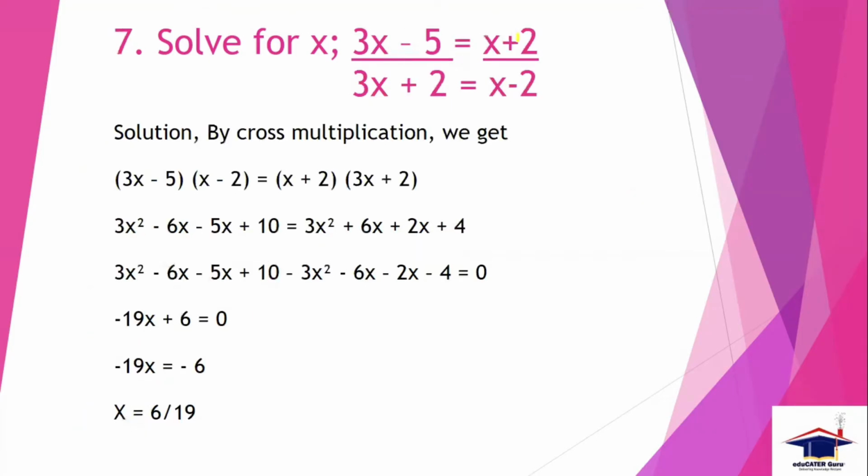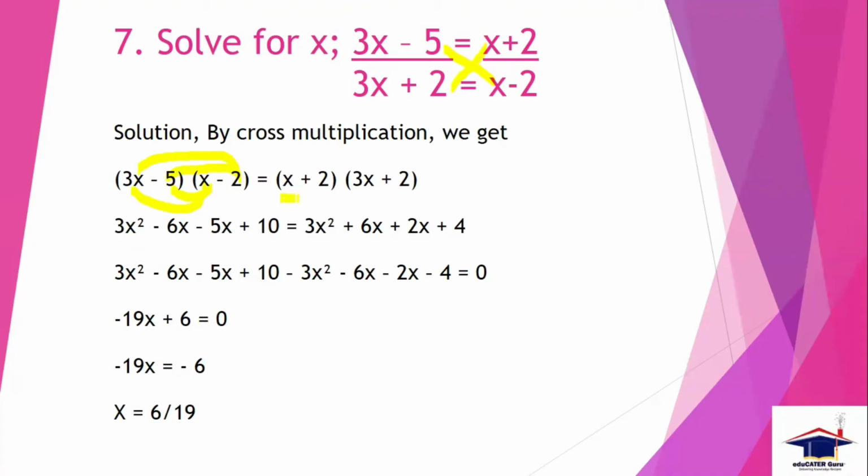Next, solve for x. 3x minus 5 divided by 3x plus 2 equals x plus 2 by x minus 2. So same way by cross multiplying, you get 3x minus 5 into x minus 2 equals x plus 2 into 3x plus 2. So 3x into x is 3x square. 3x into 2 is 6x. 5 into x is 5x. 5 into 2 is 10.